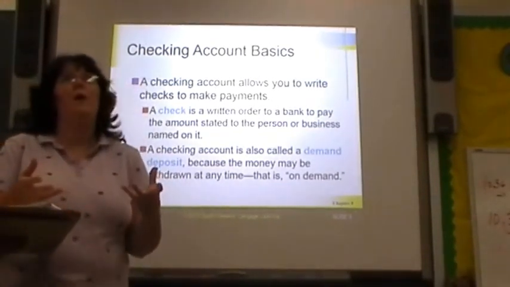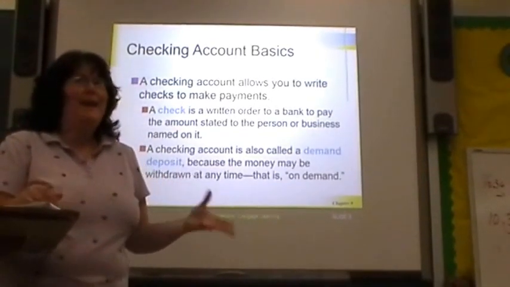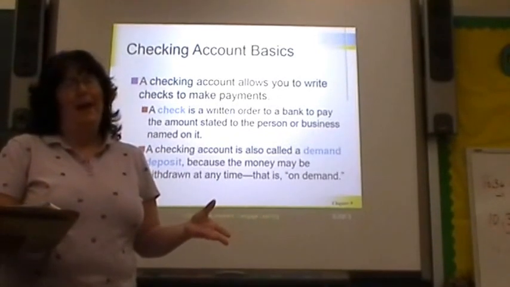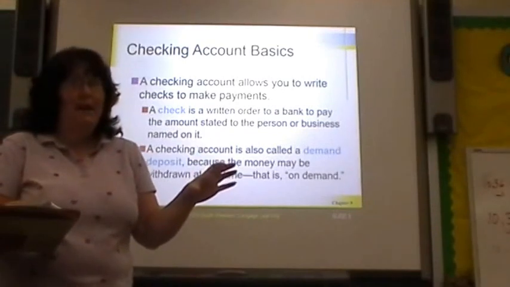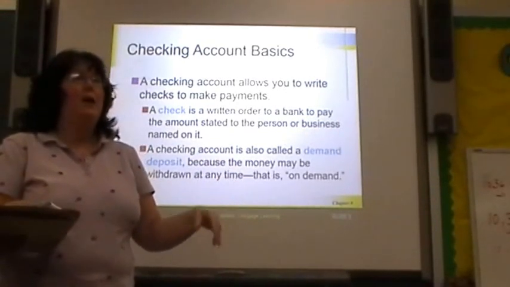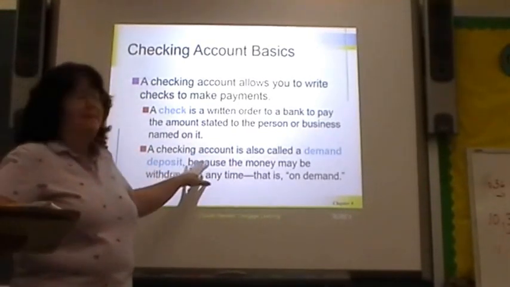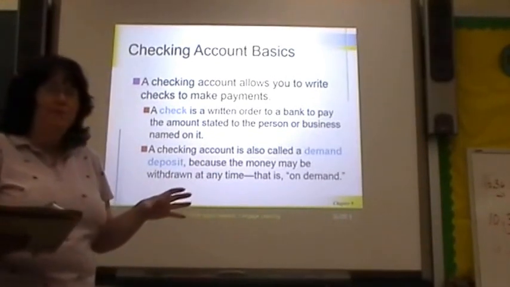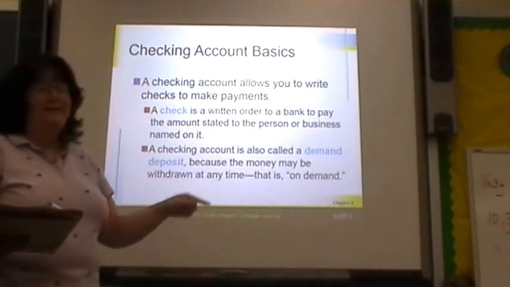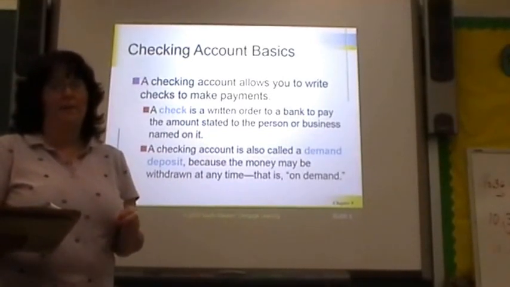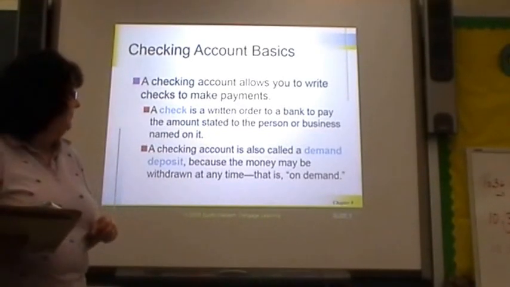If you are paying the power company and they bank at BB&T and you bank at Smith River, then BB&T on behalf of the power company will present that check and demand payment from Smith River. It will come out of your account, go over to BB&T, and go right into American Electric Power's account.